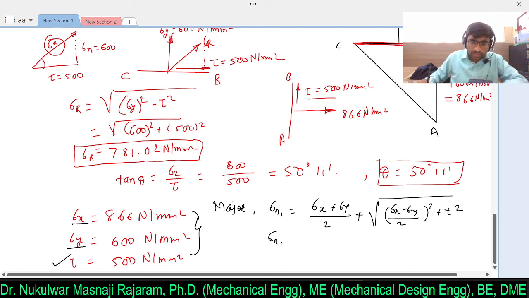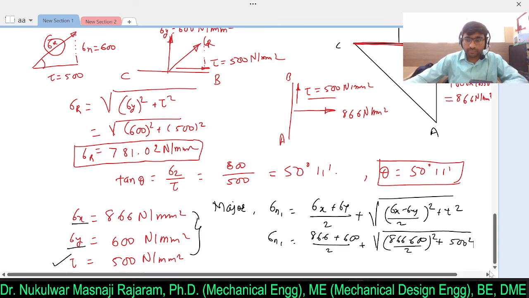So from that equation I will put in all the values, that is 866 plus 600 divided by 2 plus under root of 866 minus 600 divided by 2 whole square plus 500 square.